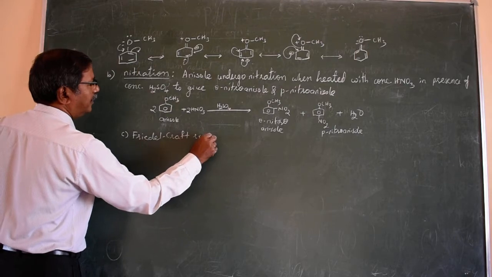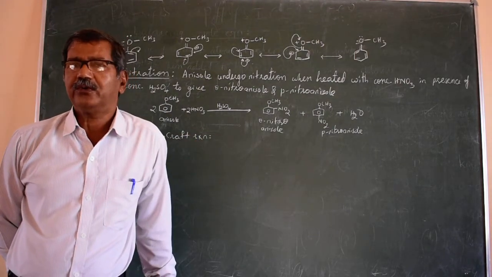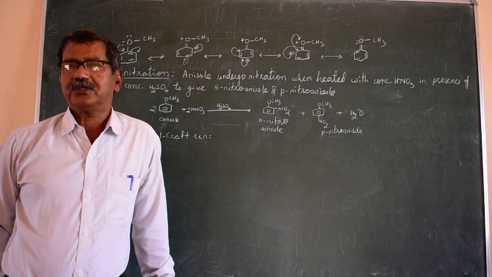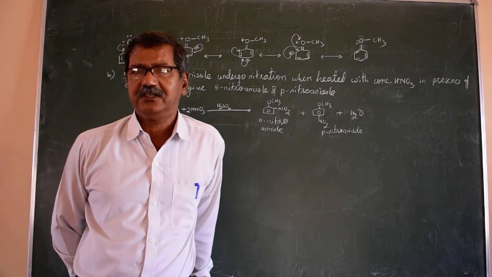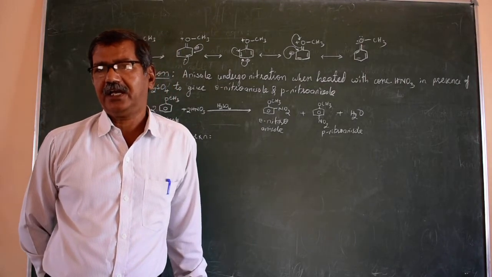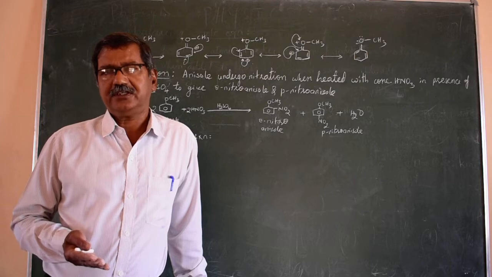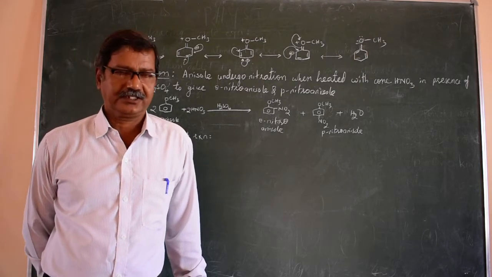As we know, Friedel-Crafts reaction means you are using anhydrous aluminum chloride as a catalyst. Remember this point. Whenever a matching question comes in a competitive examination, when you have the Friedel-Crafts reaction on one side and many options on the other, if AlCl3 is given, remember you have to mark AlCl3.